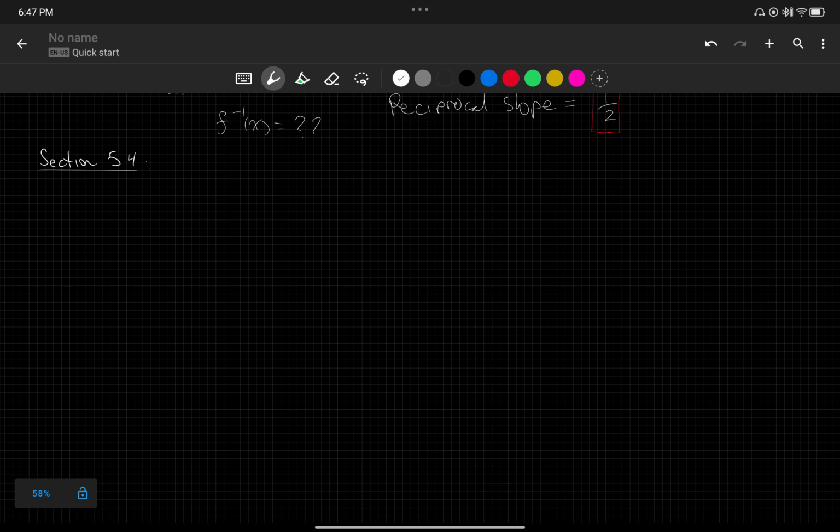It's called the natural exponential function. All right, natural exponential function. All right, starting off with what we already know.